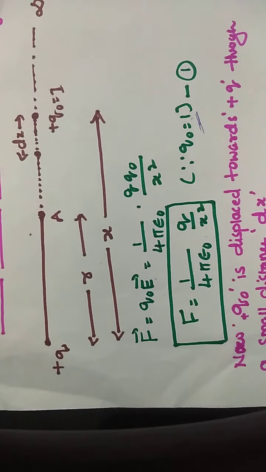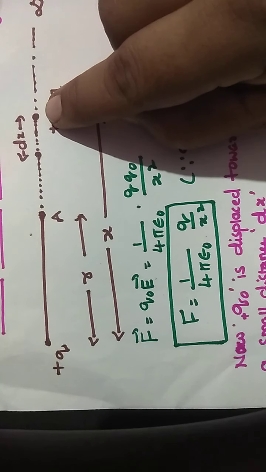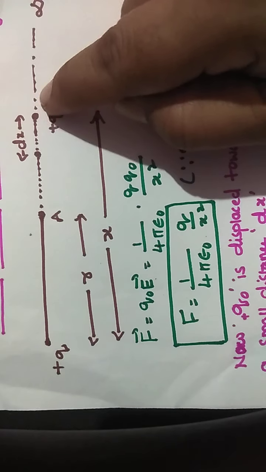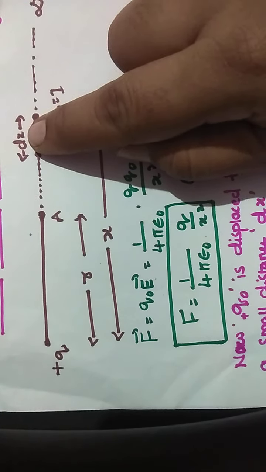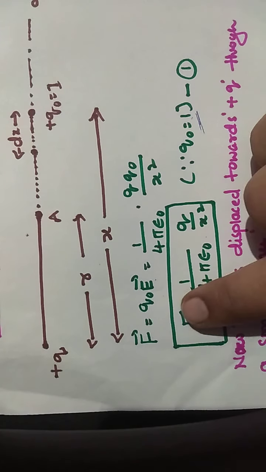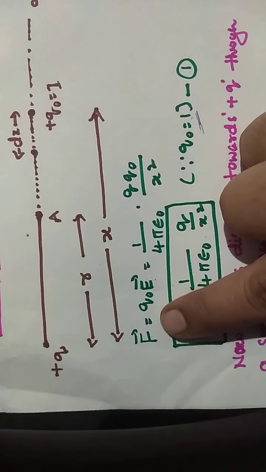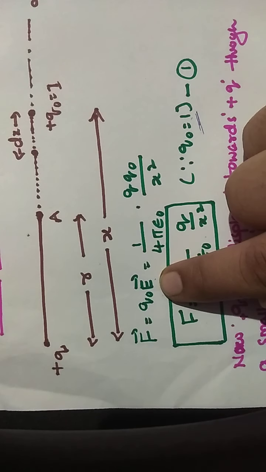Now if the test charge Q naught is moved against the electric force through a small distance dx, then the electric force F is equal to Q naught into E, that is the electric force which acts on the charge Q naught.